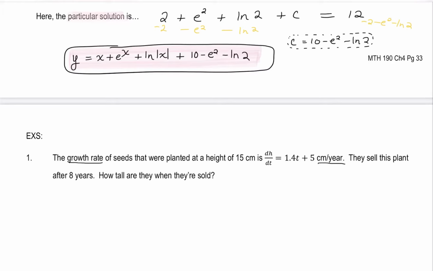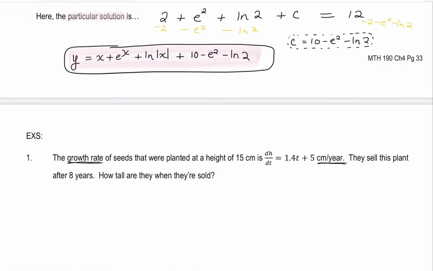Even if this hadn't been labeled as dH/dt, if I see the growth rate and I see a label of centimeters per year, that is telling me how much the height, centimeters, is changing with respect to time in years. So you should be prepared that not every problem will necessarily be labeled as a derivative. This one is, but they might not always be.